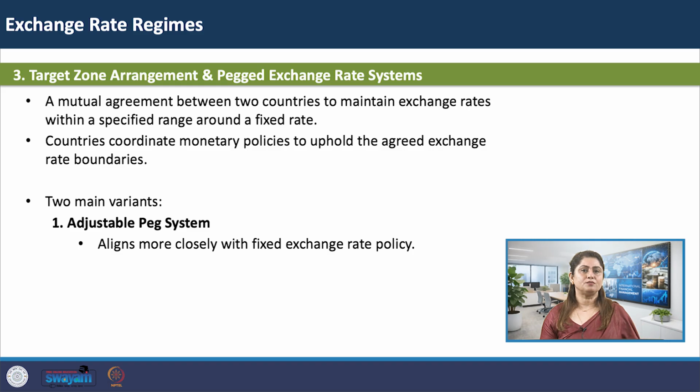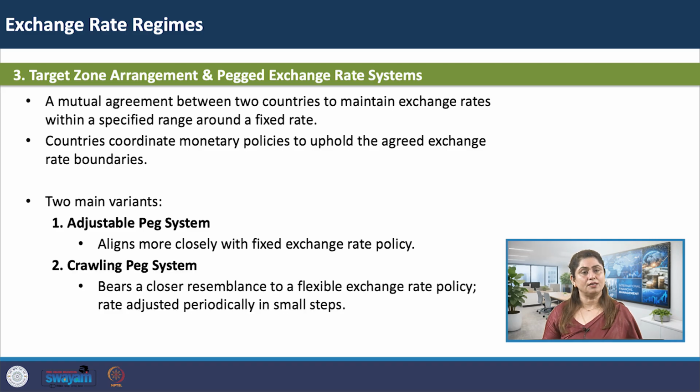This was the system that operated under Bretton Woods. For example, exchange rates were fixed, but if a country had persistent trade problems, it would petition the IMF for a rate adjustment.